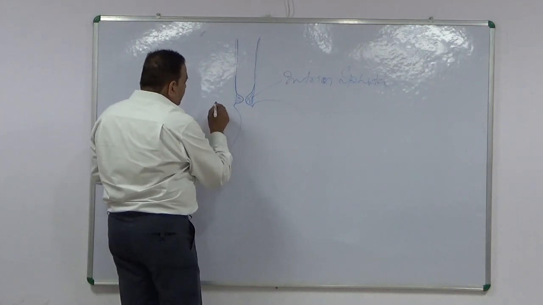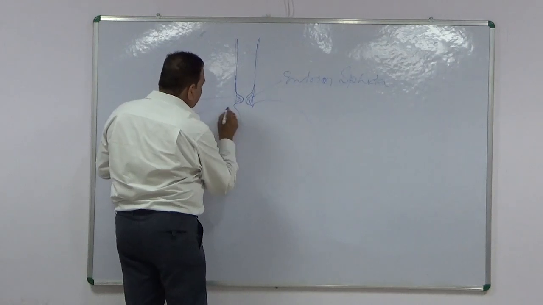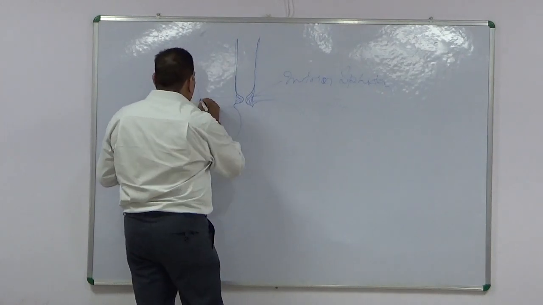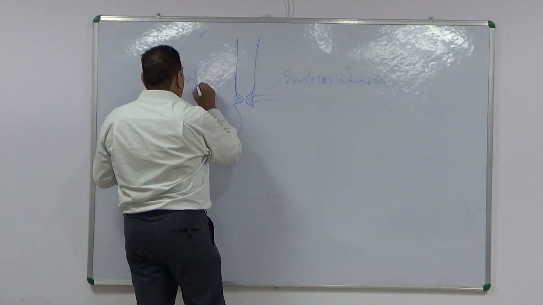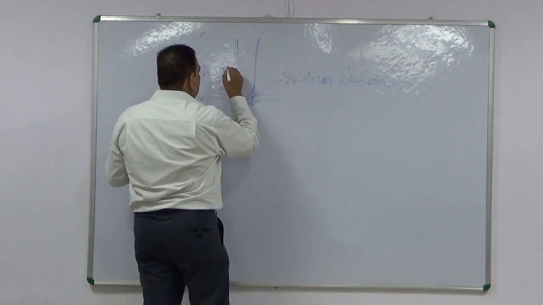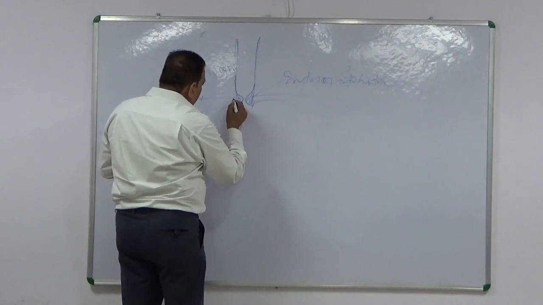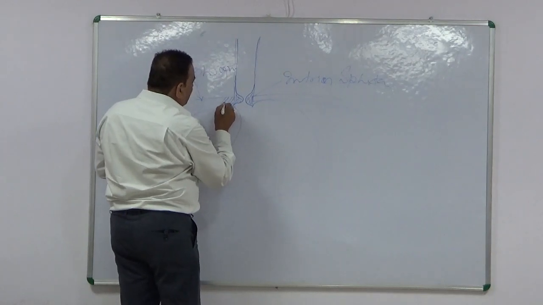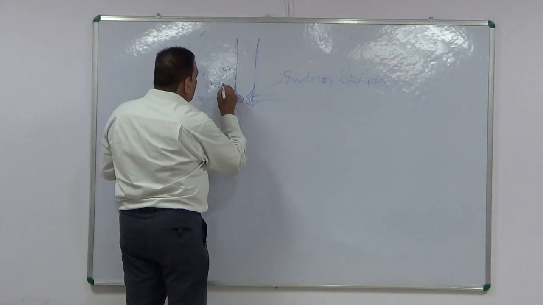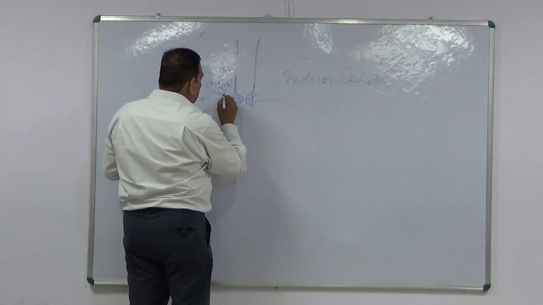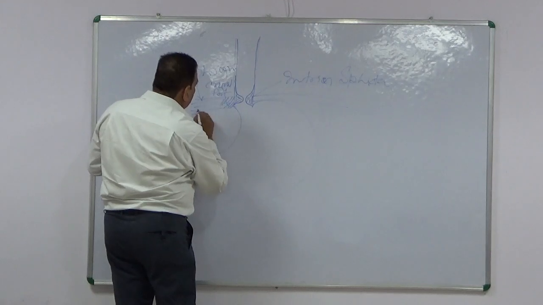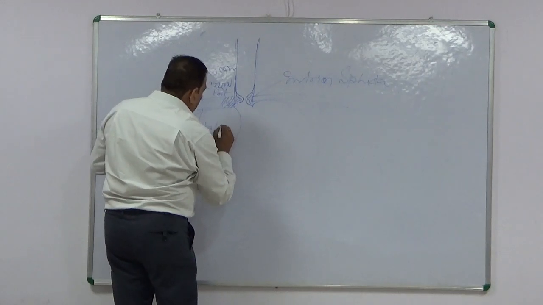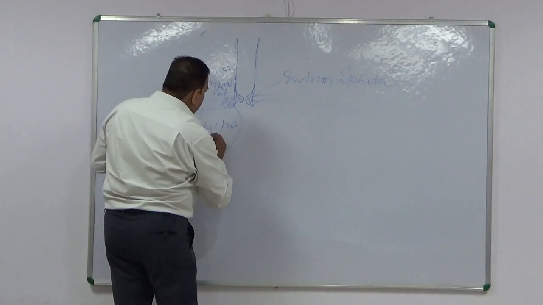There is a diaphragm. The diaphragm surrounds the whole lower esophageal sphincter. The part of the diaphragm attached with the esophagus is known as the crural portion, and the next layer is the costal portion of the diaphragm.